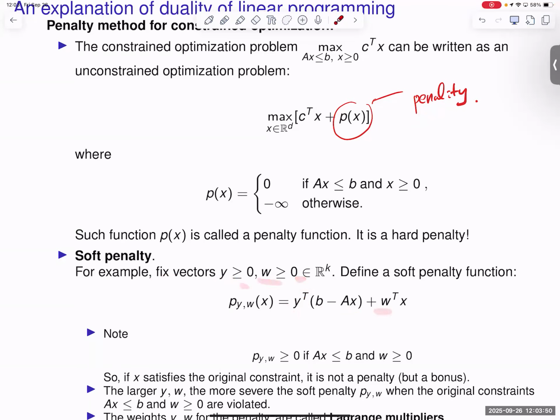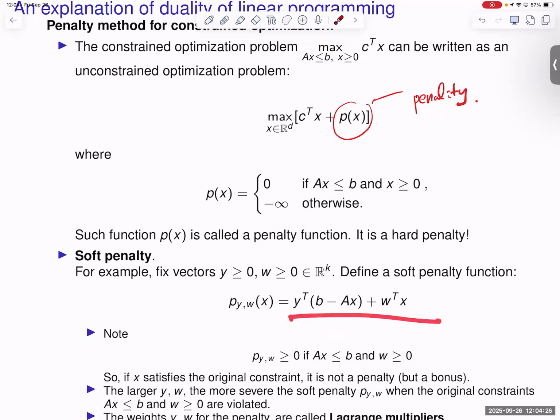So if your x is, let's say, less than something, like xj is less than something, then you will get some negative value for this. Likewise, if b minus Ax is less than 0, then you will get a negative value for this. Okay? So it is like a penalty. And the more you violate this condition, the more negative value you will get.